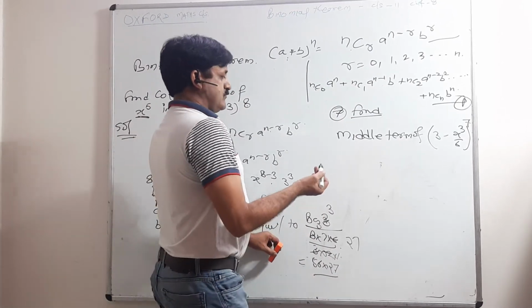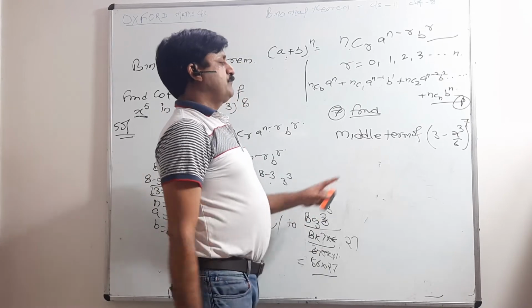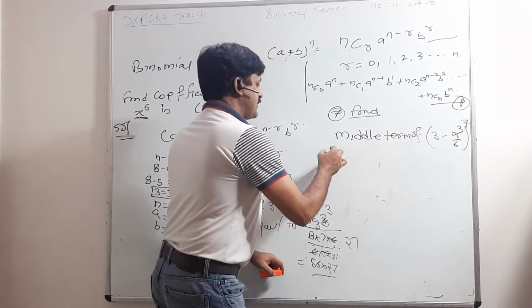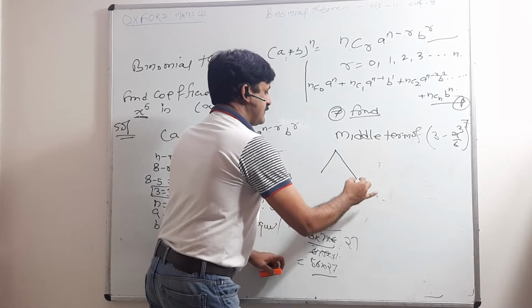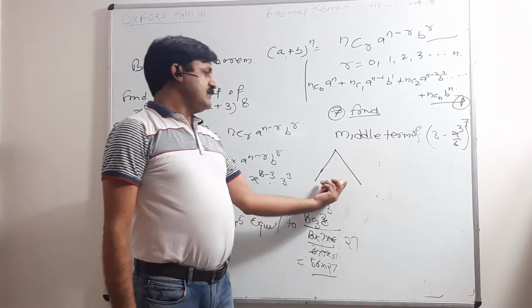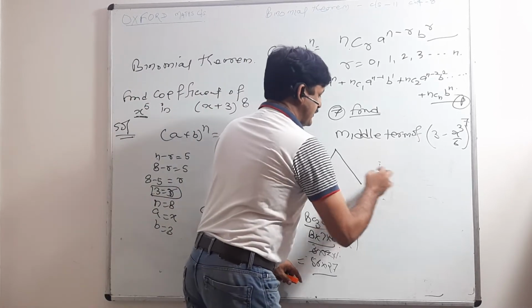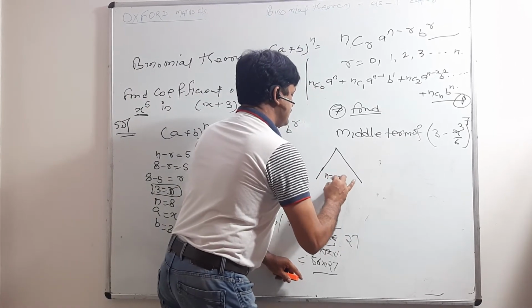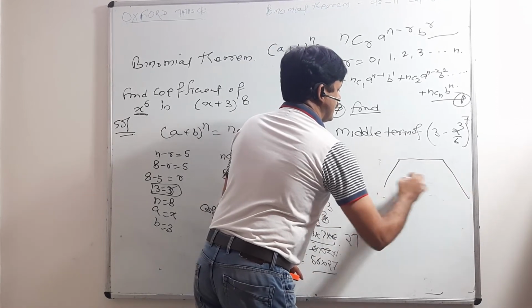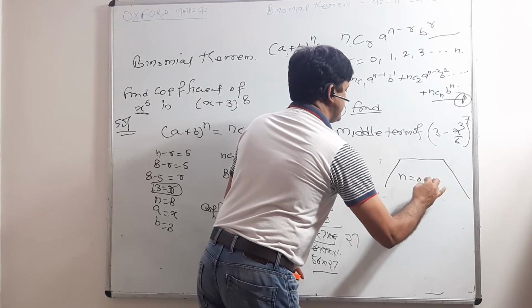In the binomial theorem, when the power is odd or when power n is even, what happens?